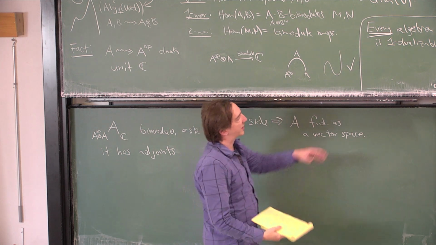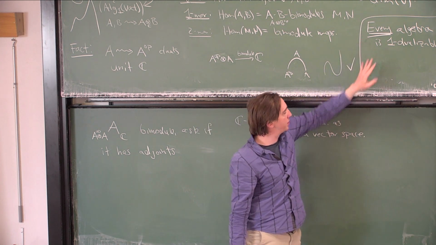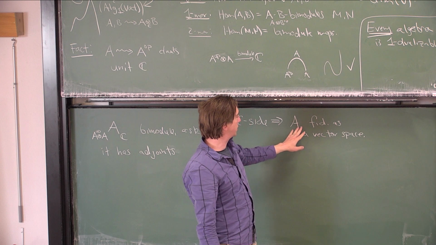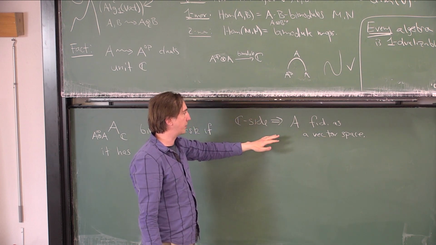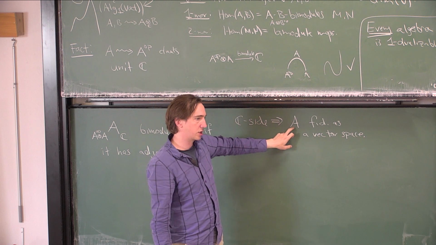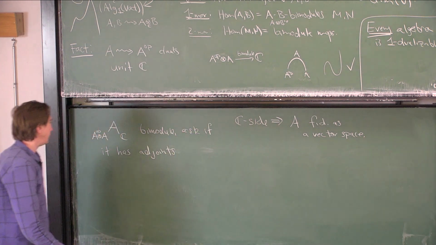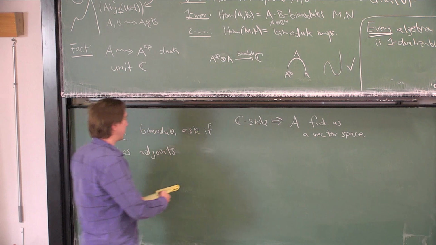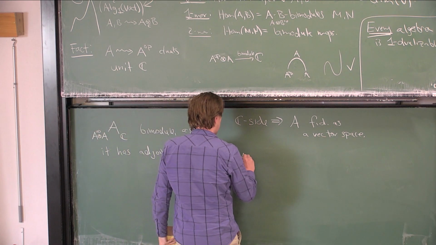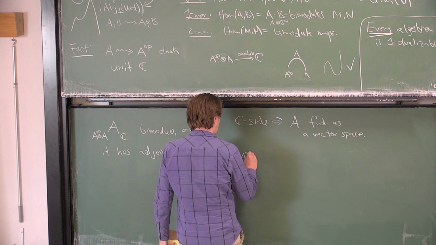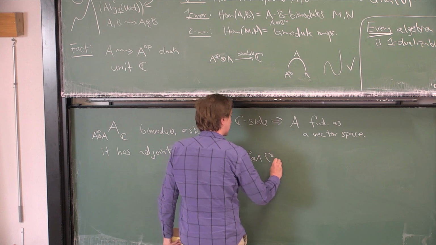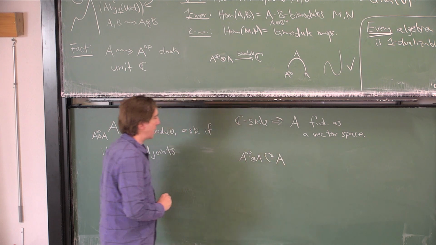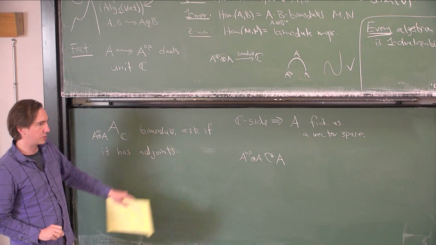Okay, so we saw that any algebra at all was one dualizable, but that in order to be, we're working towards two dualizable or fully dualizable, then we get a really strong restriction. It has to be finite. Okay, but then on the other side, what we're doing is we're looking at A op tensor A, and we're looking at how it acts on A, and we want this to be dualizable as well.